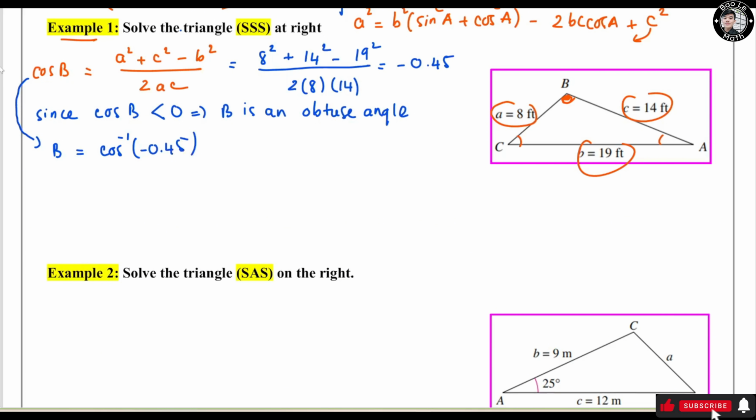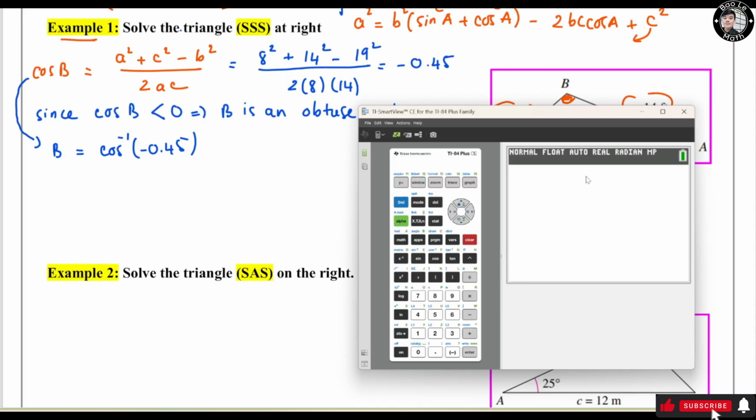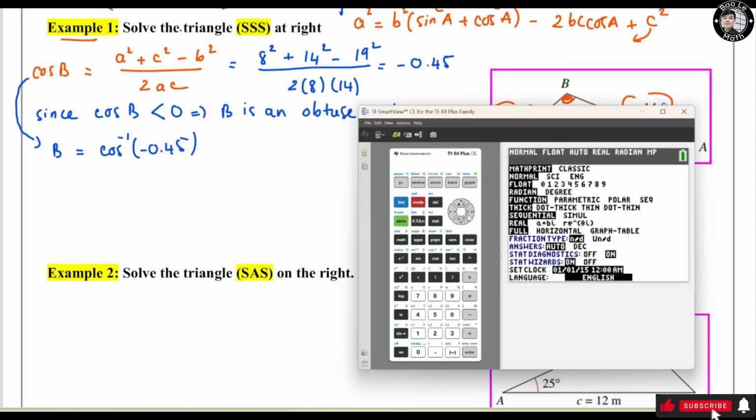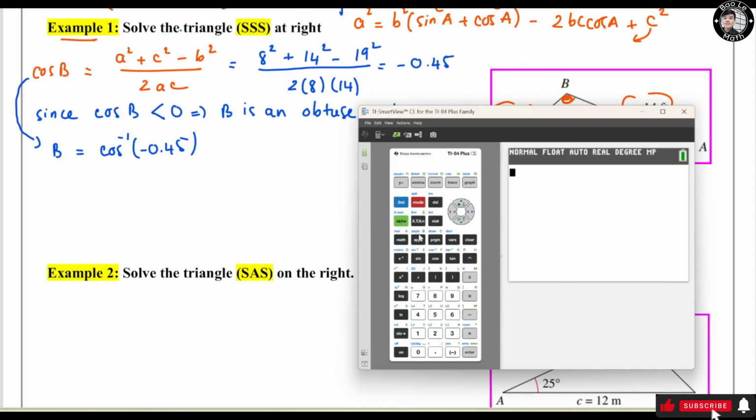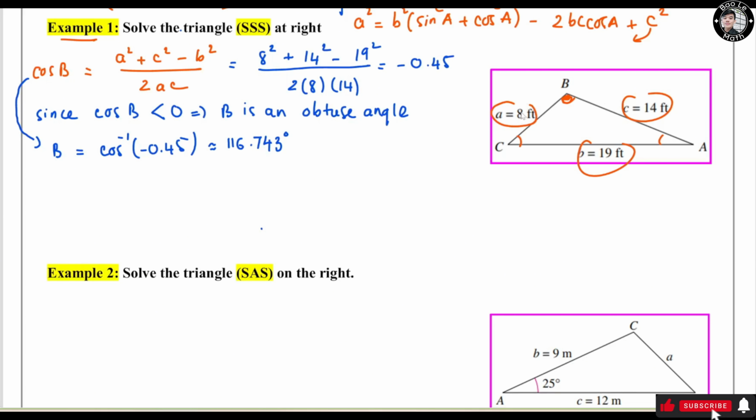Make sure you change the calculator mode into degrees. So I'm going to hit mode, change this one to degrees, press enter, and then hit second, mode. Now press second cosine of negative 0.45 and press enter. It's going to be 116.743.